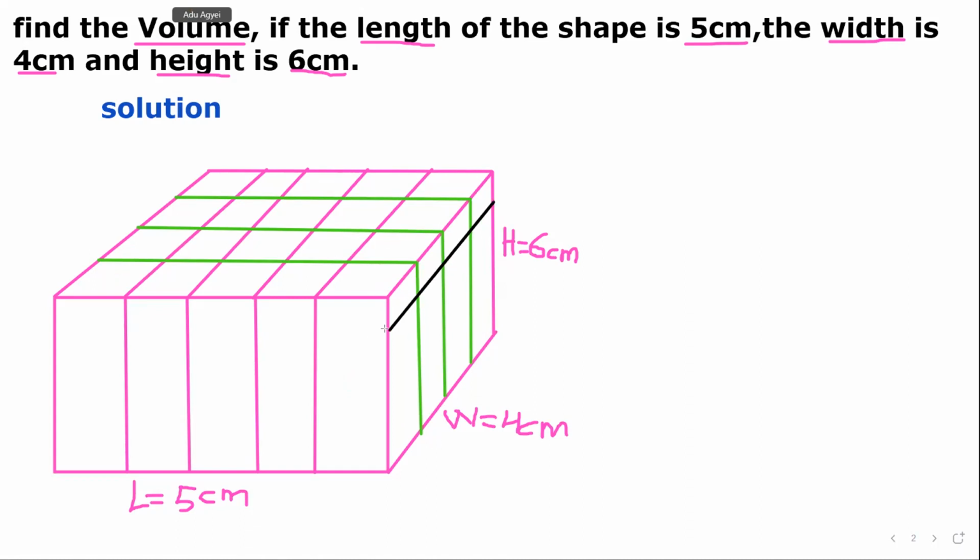So I have my 1, I have my 2 here, I have my 3, 4, and then the last one, that is 5.